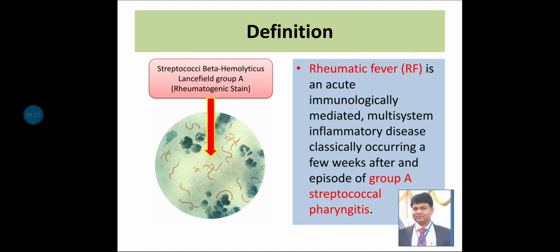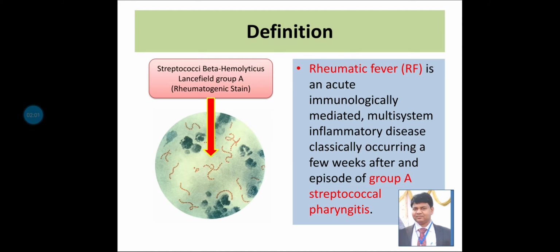This special type of strain causes rheumatic fever in genetically predisposed persons. So this is the definition of rheumatic fever. Rheumatic fever is basically an immunologically mediated inflammation, and due to this inflammation, a lot of cytokines are produced, and this results in fever.